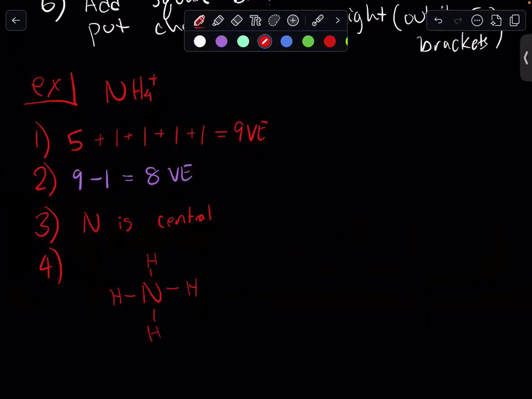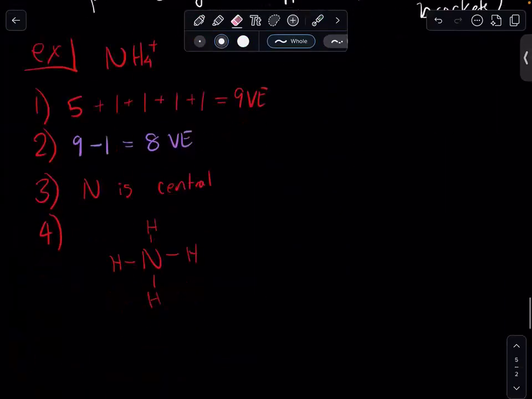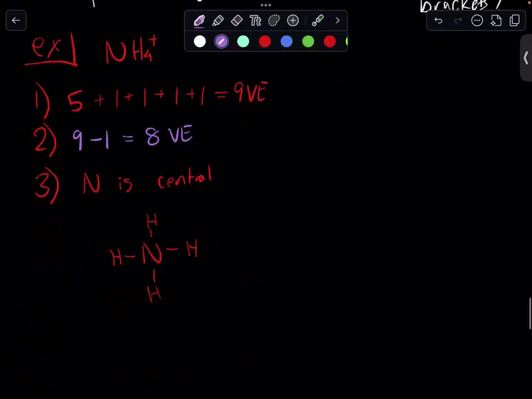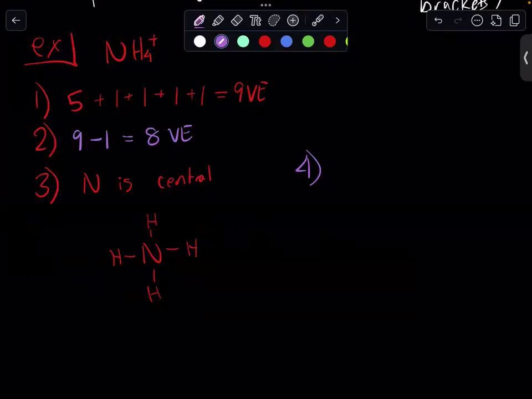Step 3 is determine and draw skeletals, so let me erase that. Step 4 is we're going to add remaining valence electrons. Well, we already have our 2, 4, 6, 8. We have no remaining valence electrons.